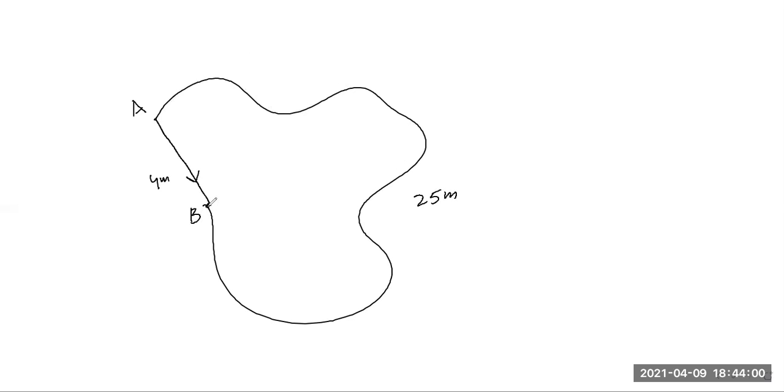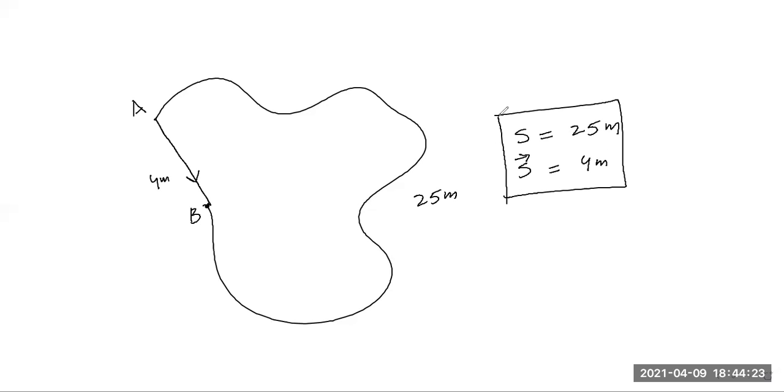From A to B, if a person has traveled, what is the distance traveled? 25 meter. I am asking from A to B. What is the distance traveled? 25 meter. Hargun, can you tell what is the displacement from A to B? 4. Correct. Displacement is 4 meter. Very good.